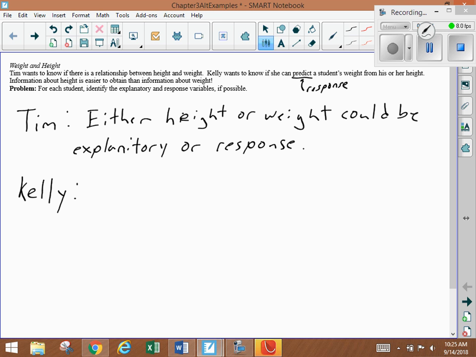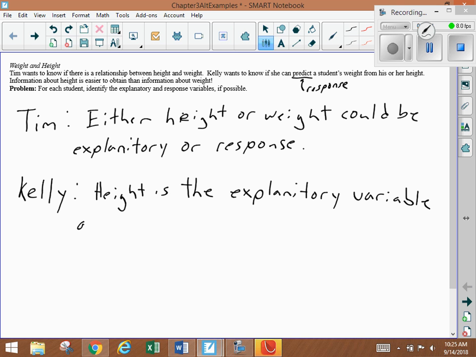Or I should say, when we do least squares regression, our response variable is always going to be a prediction. So we'll be looking at x as the position and y as being a prediction. So we would then say that height is the explanatory variable, and weight is the response variable.